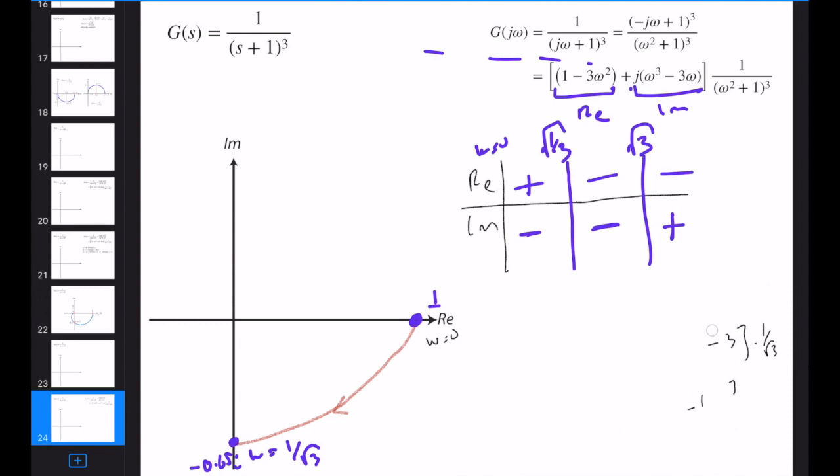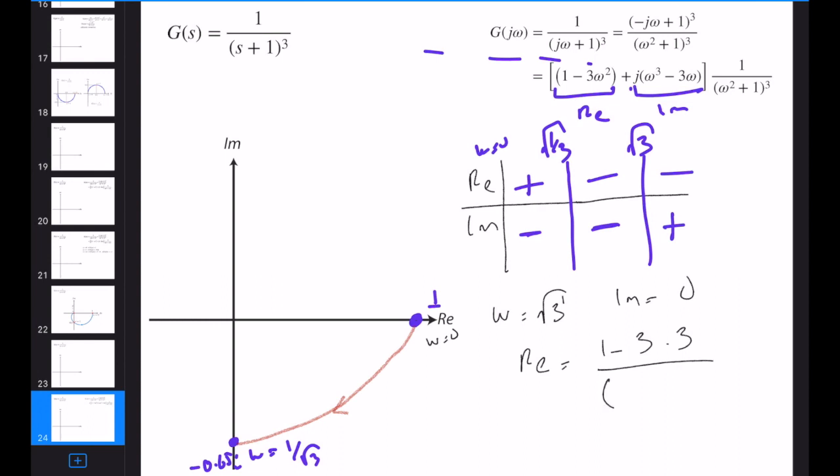If we compute everything at omega equal to square root of 3, we already know that the imaginary part will be equal to 0, so it's on the real axis. And the real part, if you do the computation, is slightly easier because it's 1 minus 3, since omega squared is 3, over (3 plus 1) cubed, and it's equal to minus 1 over 4.